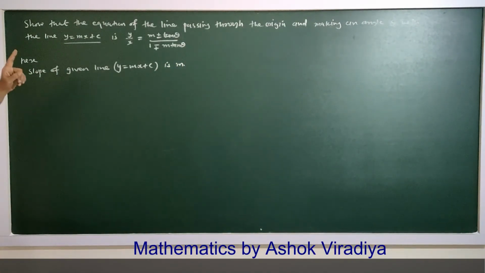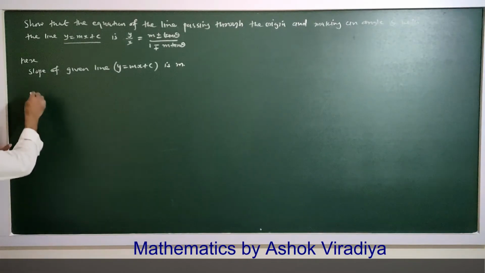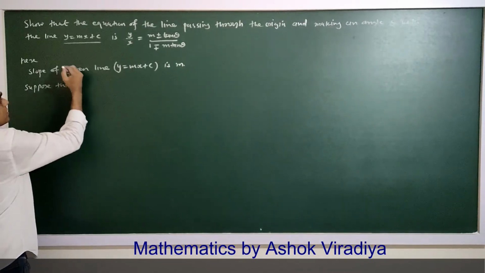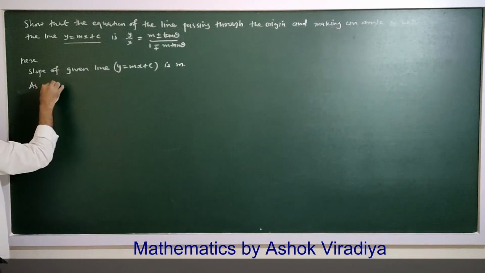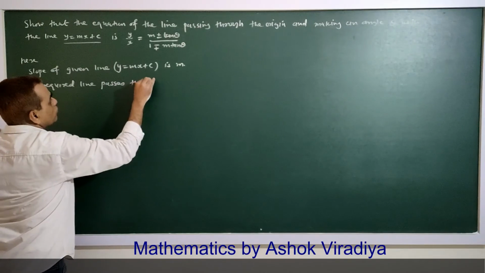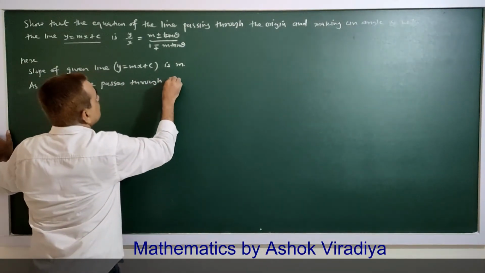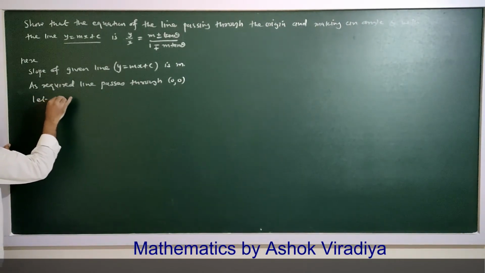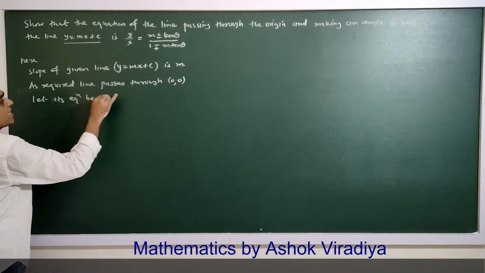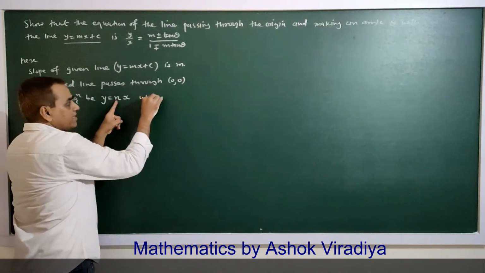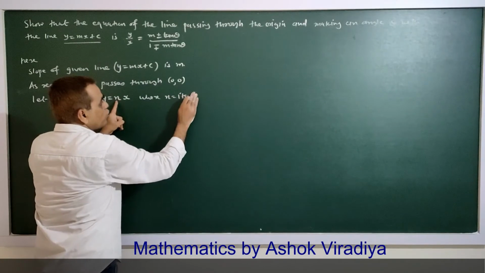Required line passing through origin. So let me suppose that required line passes through origin, let its equation be y equal to nx, where n is its slope.